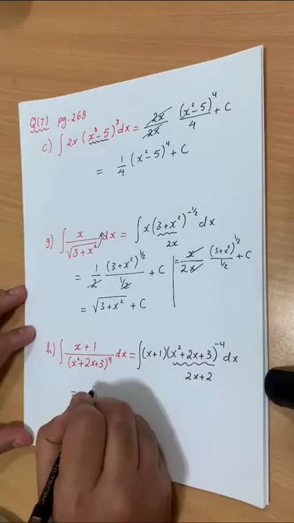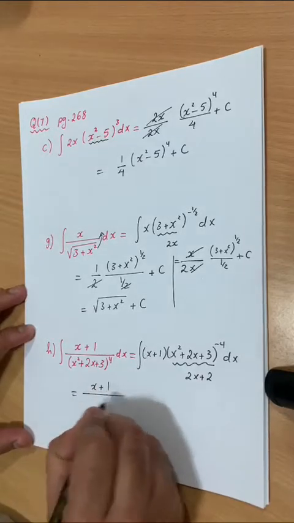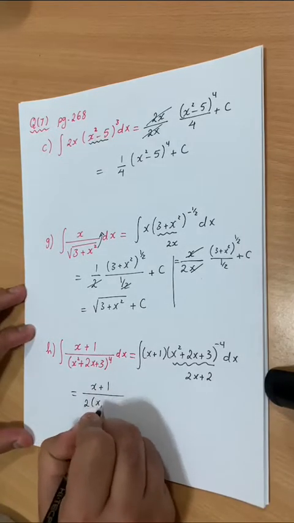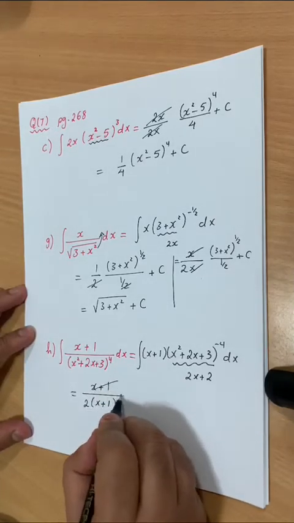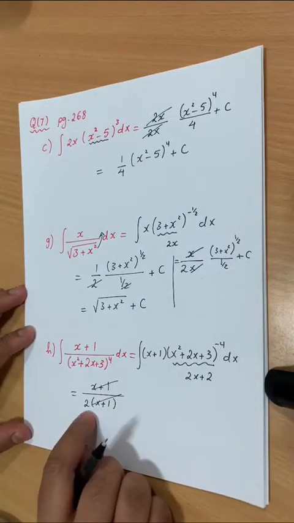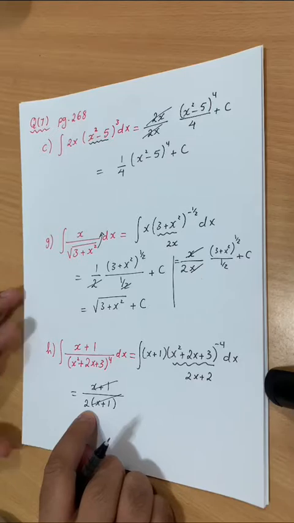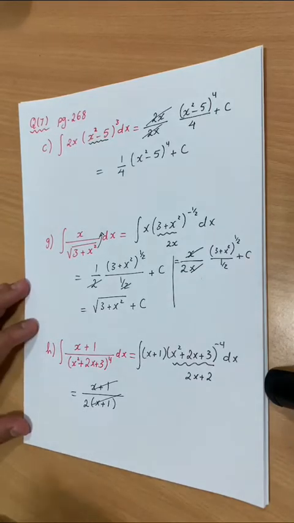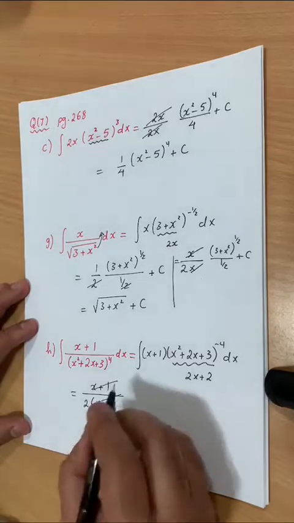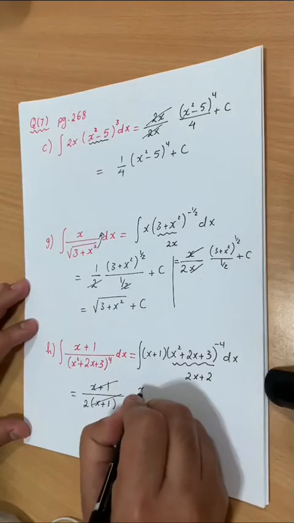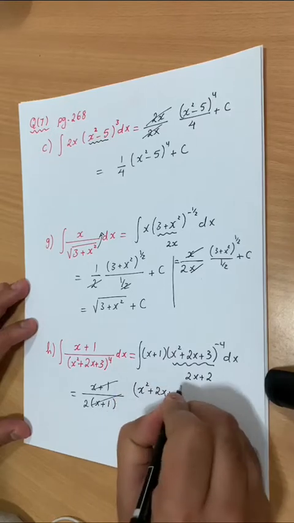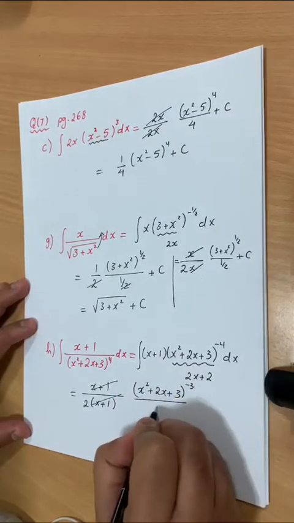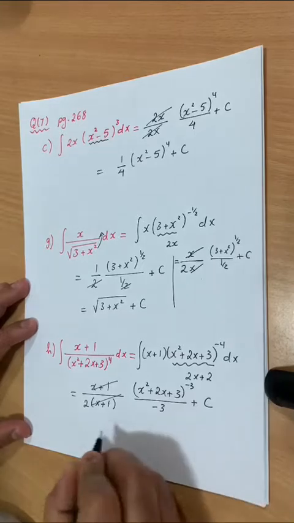So I will do that: (x plus 1) dividing by 2. Take 2 as a common factor, right? So x plus 1 cancels x plus 1, and only 2 is left in the denominator, which is half. Then add the power by 1: (x squared plus 2x plus 3) to the power of negative 3 over negative 3 plus c.